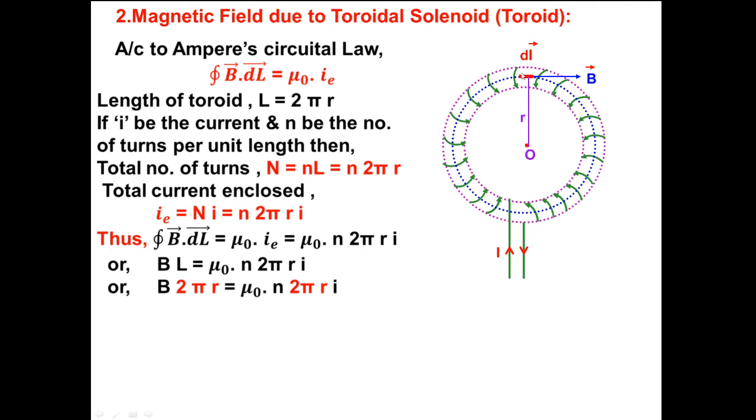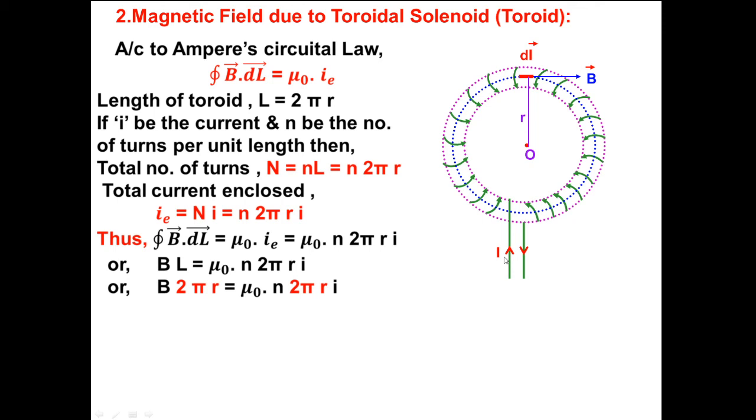Let the radius of this toroid be r, so the length of the toroid will be 2 pi r. If current I is passing through each turn, where the total number of turns N equals n into L, where small n is the number of turns per unit length, so the total number of turns will be n into 2 pi r.